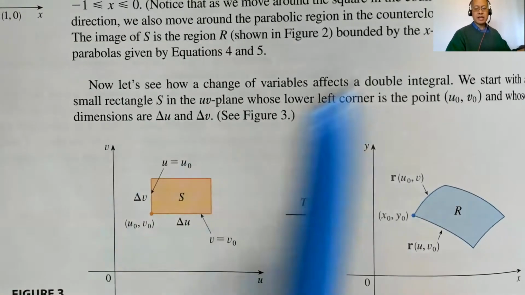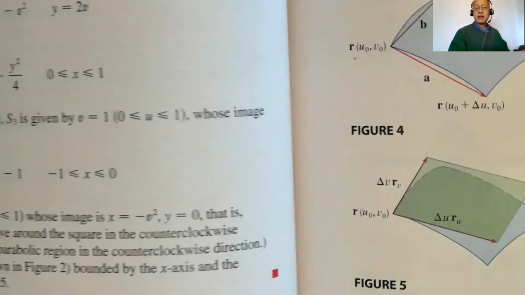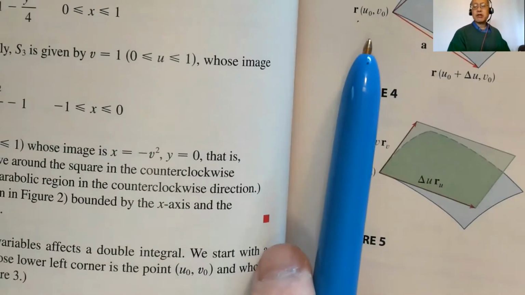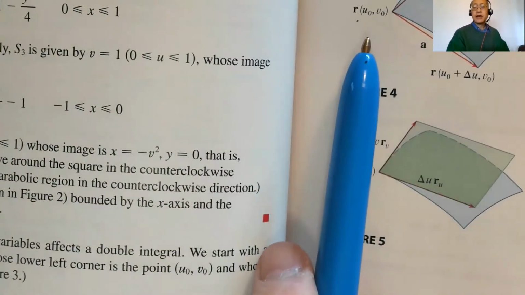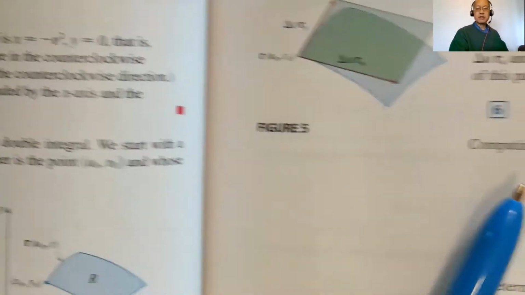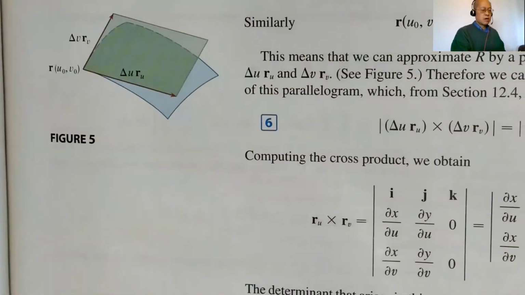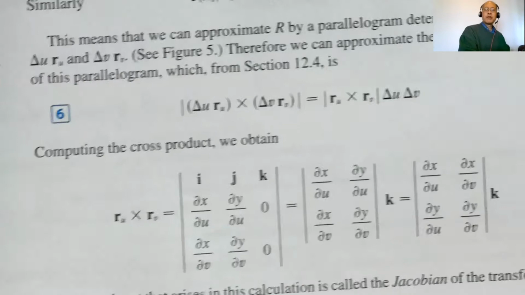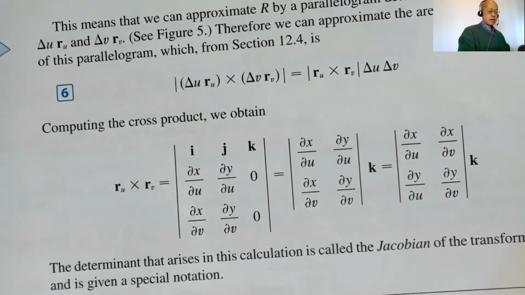So they did some analysis with a vector A and a vector B. And you might recall that the magnitude of the cross product gives you the area of the parallelogram determined by the two vectors. So they cross them, r_u cross r_v, all the analysis there if you want. But essentially, what it comes out to be is the Jacobian. It's the extra multiplication factor that you have.